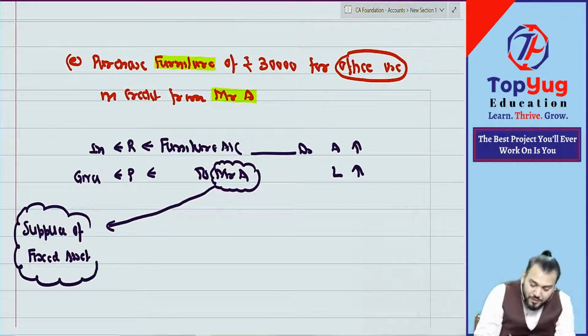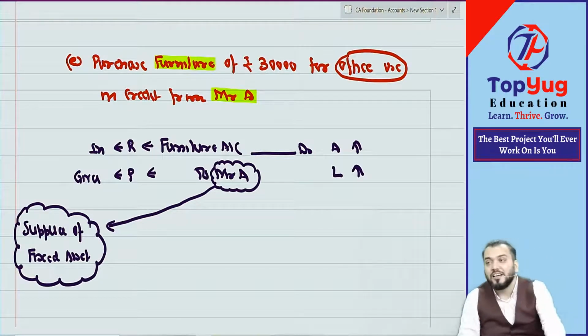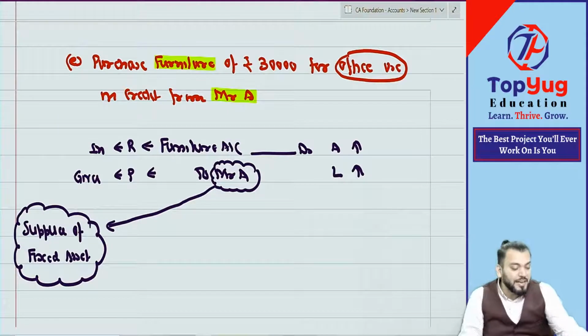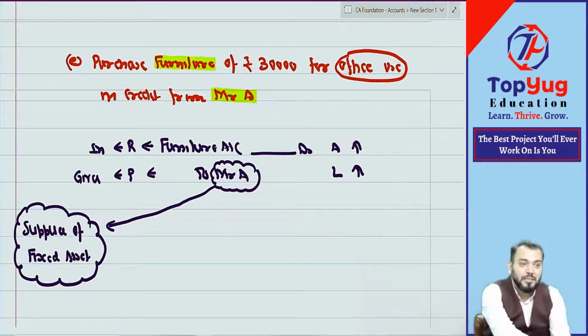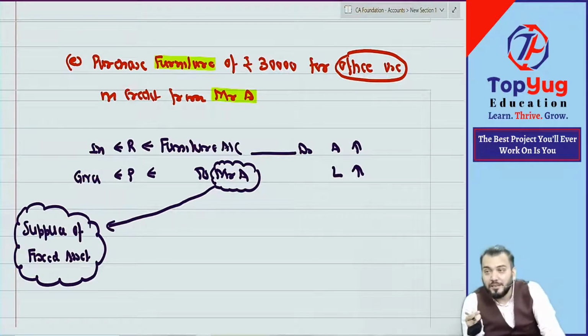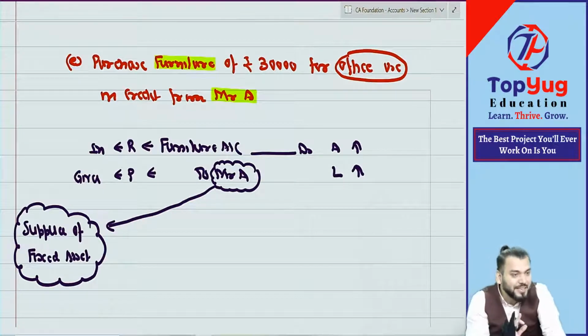Both are liabilities. Both will come on the liability side of the balance sheet. But if you want to identify who are creditors, creditors are the persons from whom goods are purchased on credit. Understood this much? Any doubt?